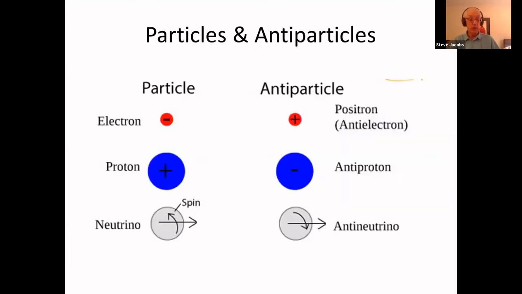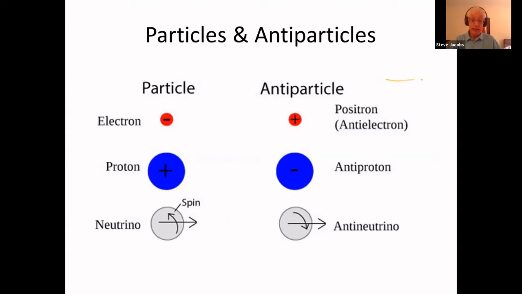But first, a quick review of particle physics to give you an idea of what's going on. According to the standard model of particle physics, every particle has an antiparticle with the same characteristics, but opposite charge and sometimes opposite spin.